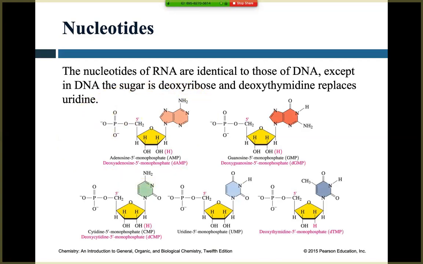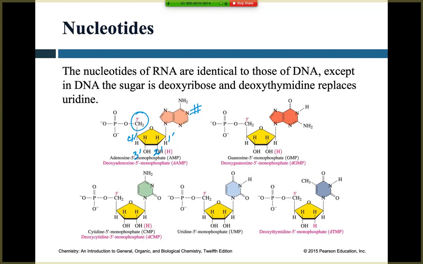You might hear 5' or 3' instead of 5 or 3. The reason for that is regular numbers are given to the bases, and the prime means it's a little bit different. So we're going to have 1', 2', 3', 4', and then we have our 5' carbon. Again, we're counting as normal, like we would do for organic compounds.